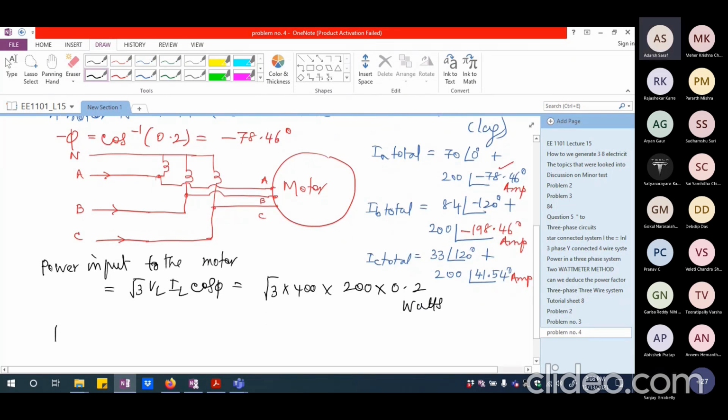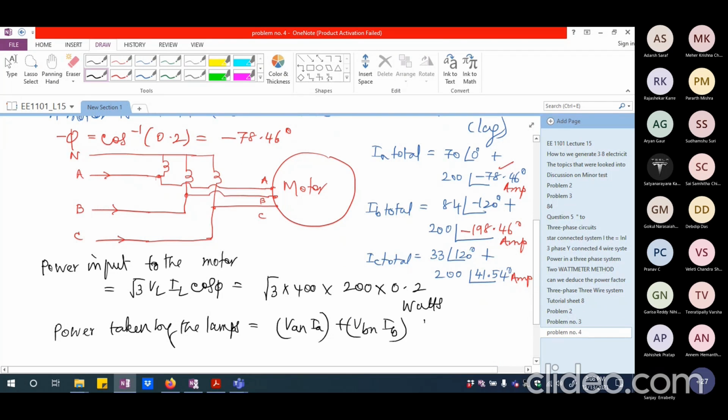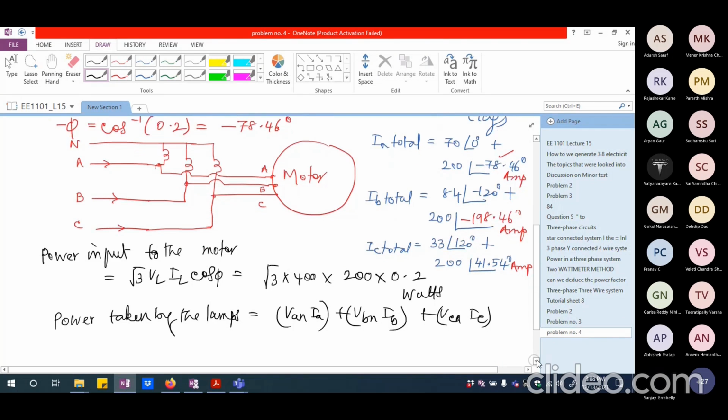Whereas power taken by the lamps will be VAN IA plus VBN IB plus VCN IC, magnitude simply because it is resistive load.